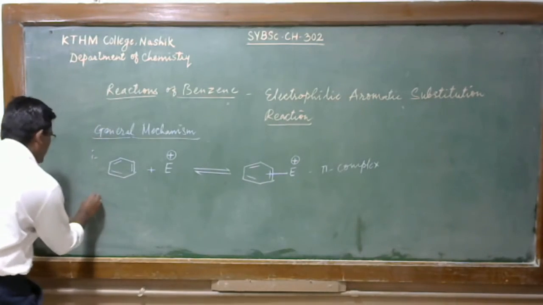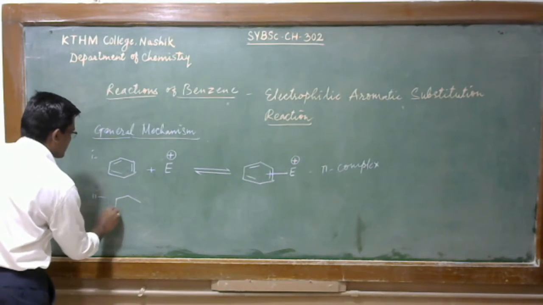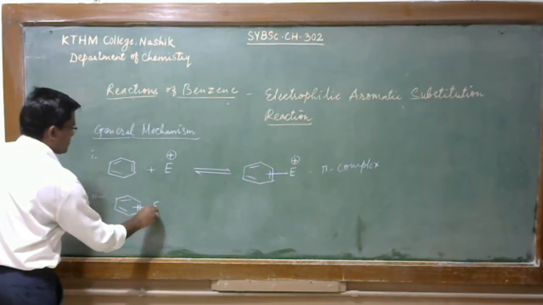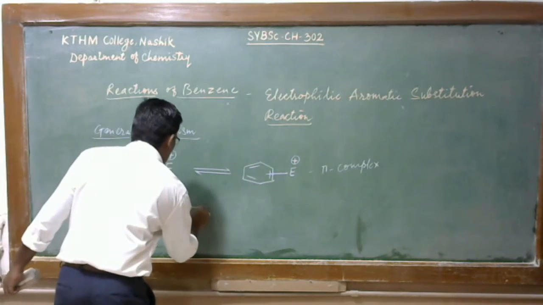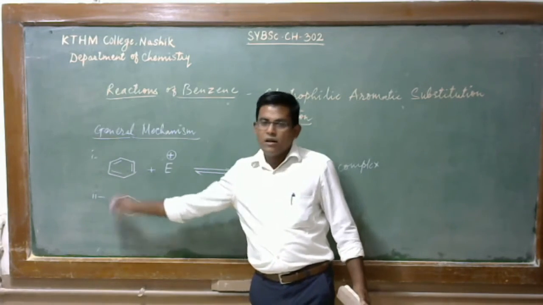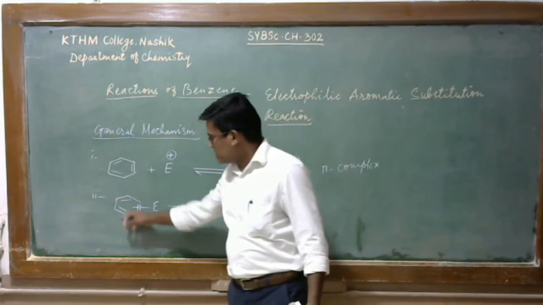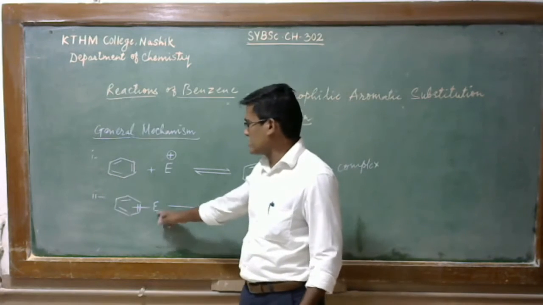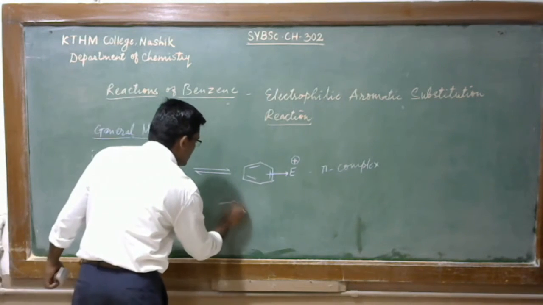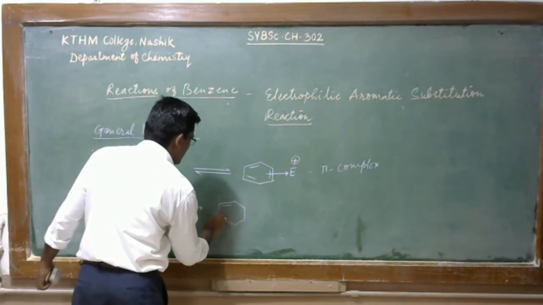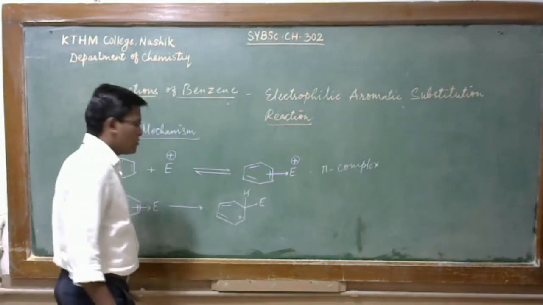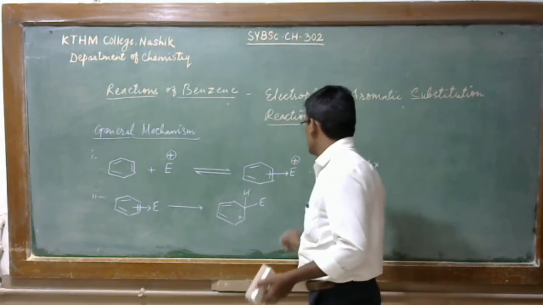In the second step, this pi system, means pi electrons, means benzene system, will donate the electrons to this electrophile to form a sigma bond, and this is known as the sigma complex.